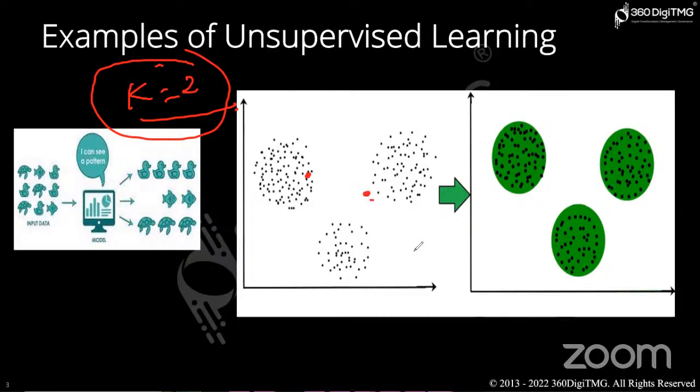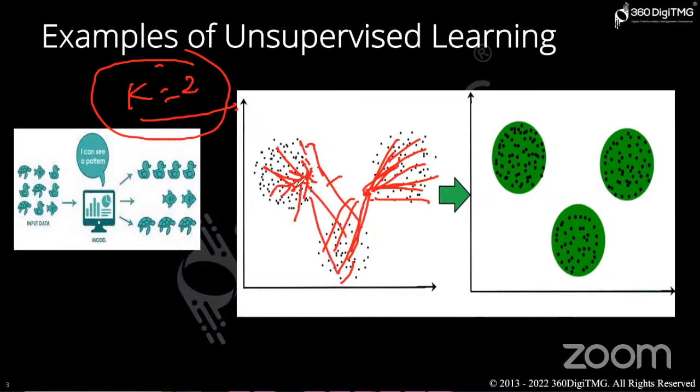Let's say these are all our data points. Then it will calculate the distance from the centroid to each and every point, and it will choose whichever is nearest.